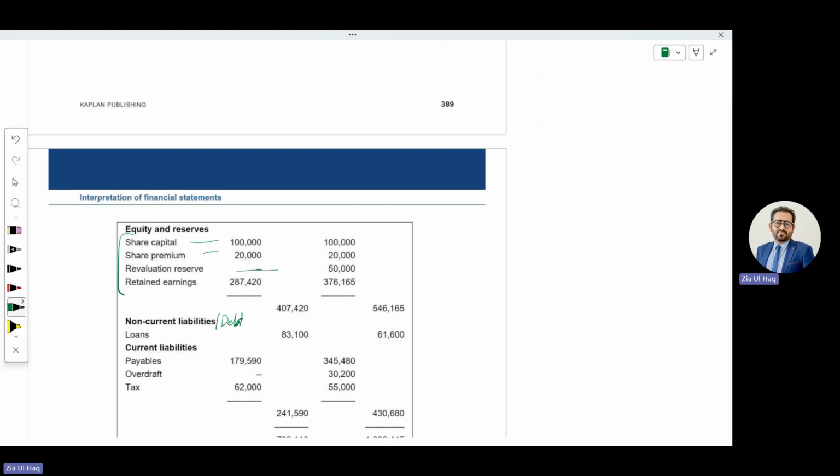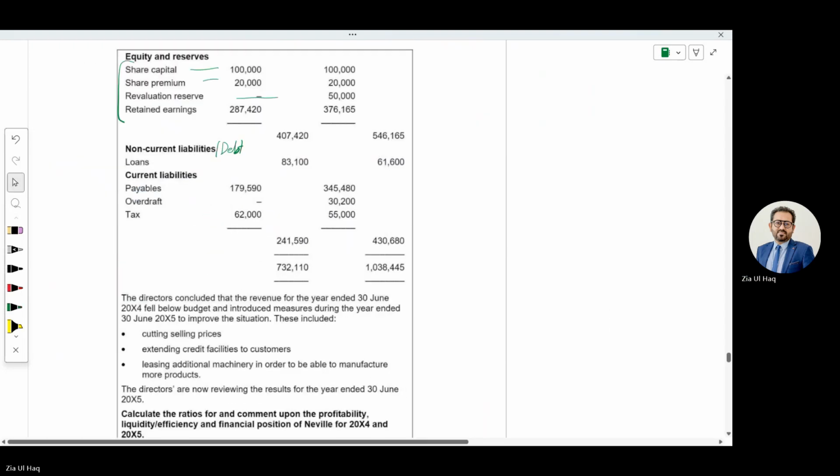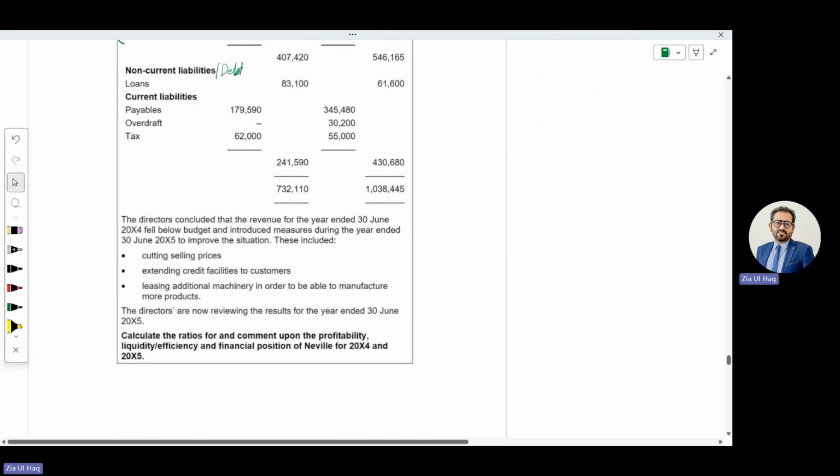and current liabilities. What we need to do: the directors concluded that the revenue for the year ended 30th June 2024 fell below budget, and they introduced measures during the year to improve the situation. These include cutting selling price, extending credit facility to customers, and leasing additional machinery.